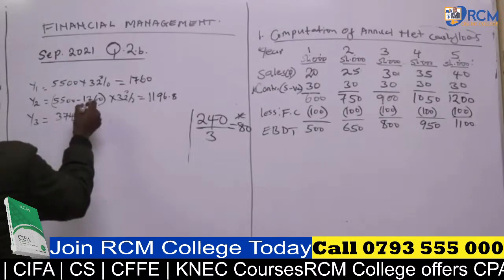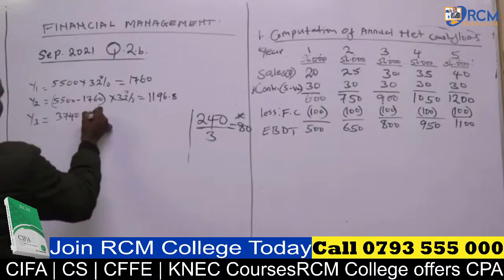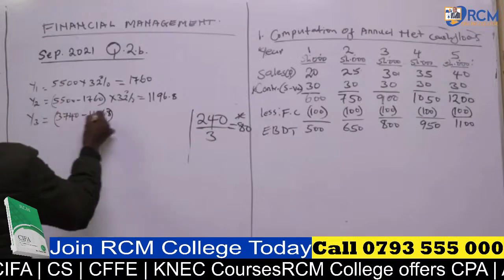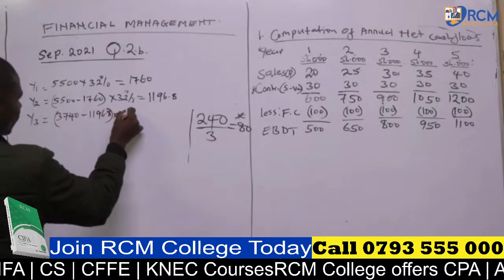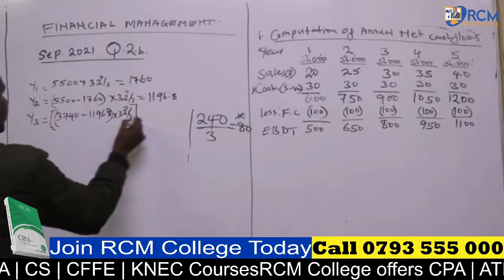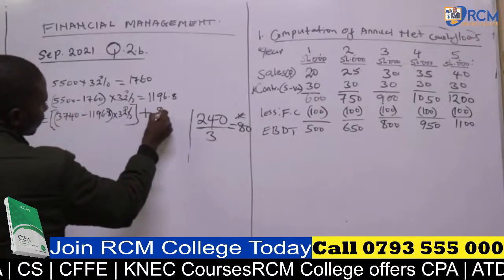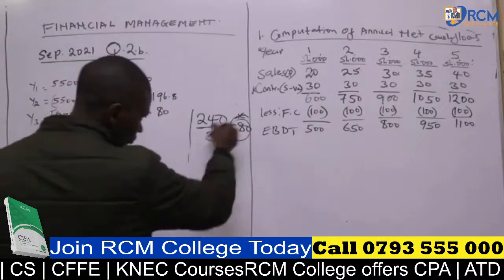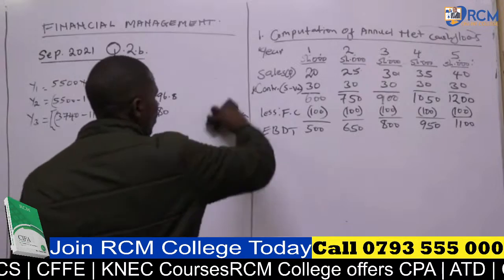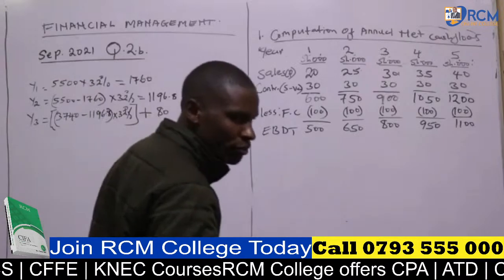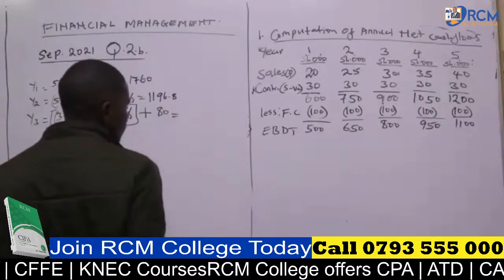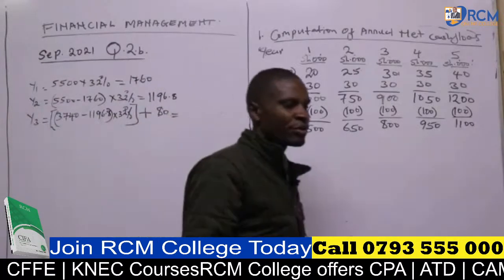Hiyo imebaki hapa minus 1196.8. Then this one times 32%. Then whatever I get here, I add 80, the depreciation or amortization of the overhaul. Unajua sasa hiyo mwaka overhaul imeingia, pia tunaongeza hiyo depreciation yake ama loss of value.